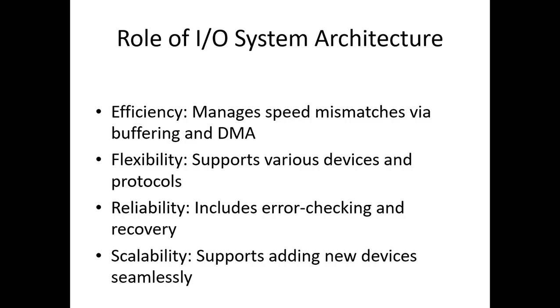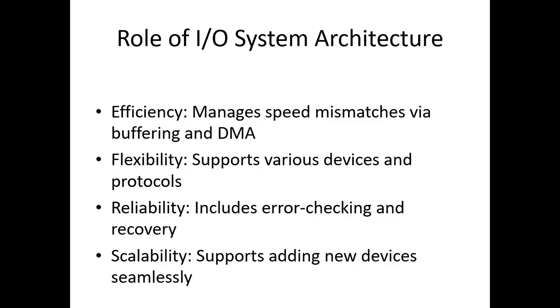The input output system plays four main roles. The first is efficiency, where it helps bridge the speed gap between the fast CPU and the slow devices using techniques like buffering, interrupts, and direct memory access. Another is flexibility, where it supports all kinds of devices, whether fast, slow, analog, or digital.